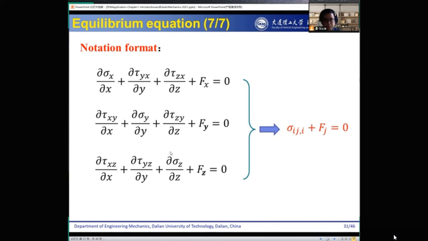Once we notice which is which, it's easier to write out the index format. If the index iterates over different equations, then it is the free index. If it is summed within the same equation, then it is the dummy index.